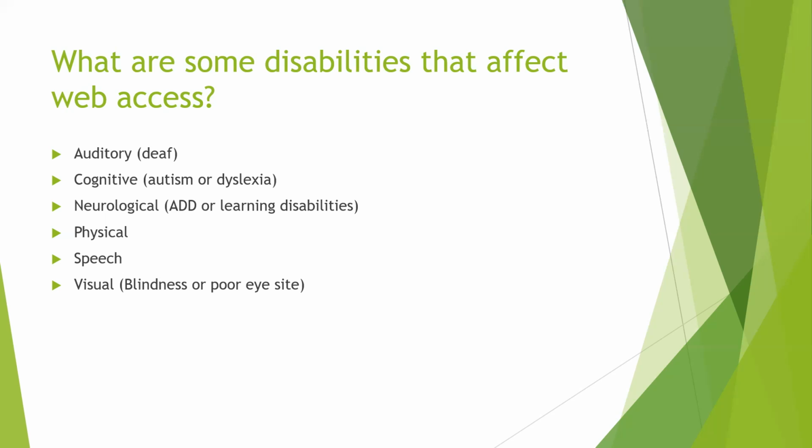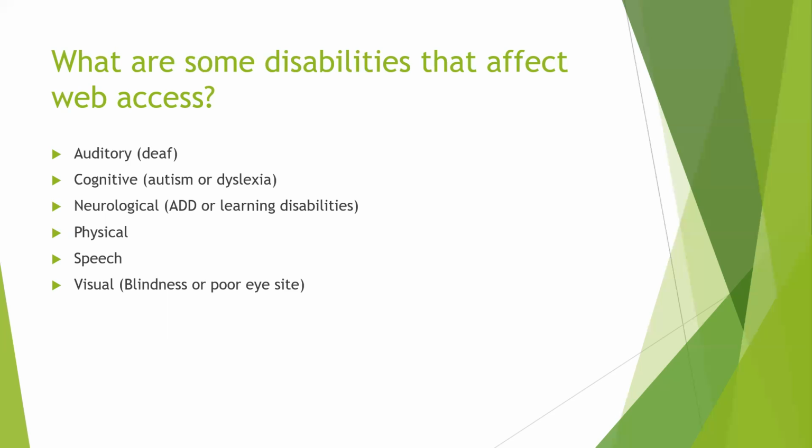And then speech disabilities. If your site has a lot of auditory, like you have to talk to it to interact with it, that's usually not a good design because it limits people with speech disabilities. Visual disabilities is a pretty big one. People with blindness or poor eyesight, or even people who are colorblind is a big one.